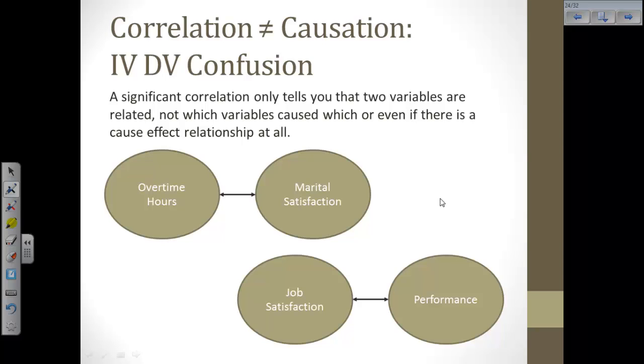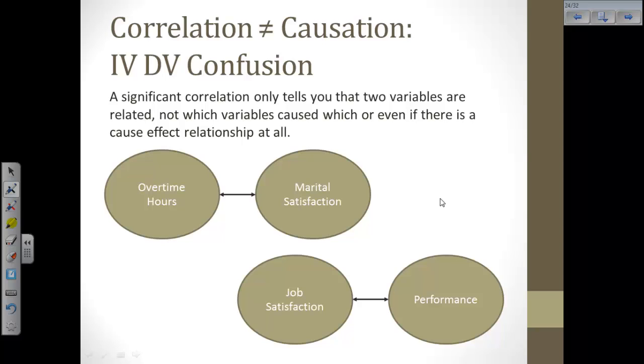They're more satisfied. Maybe they're more engaged in their work. Maybe they're more motivated. Or it could go the other way around. Maybe those who are good at their job and have high levels of performance tend to be more satisfied as well. So you can see here how sometimes it can be unclear which variable in this relationship is the independent variable and which one is the dependent variable.